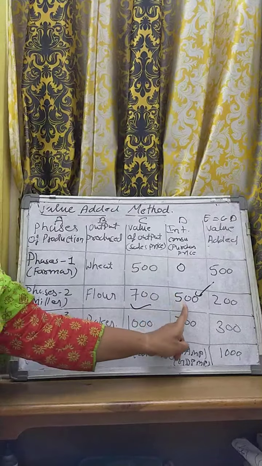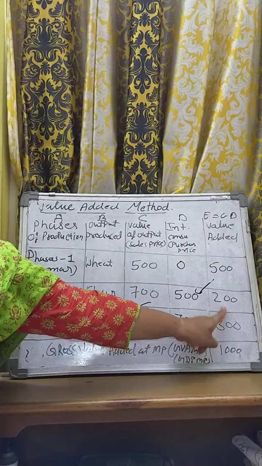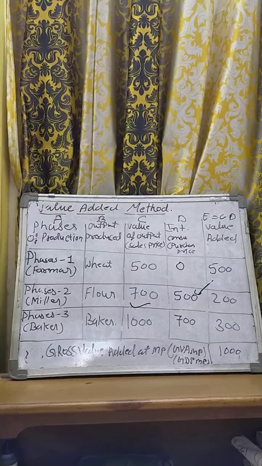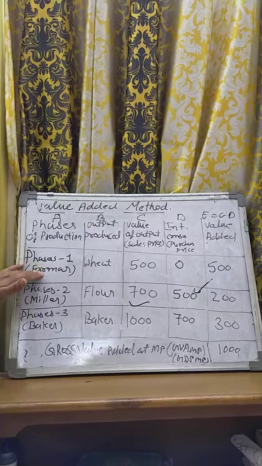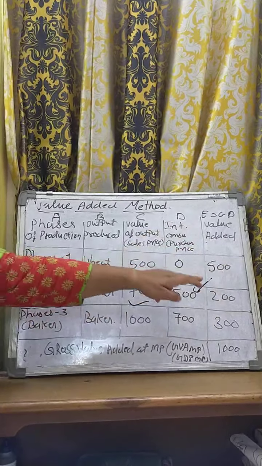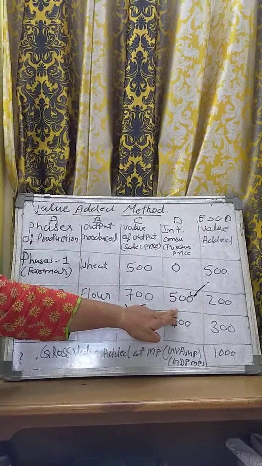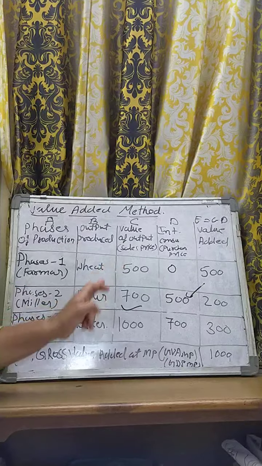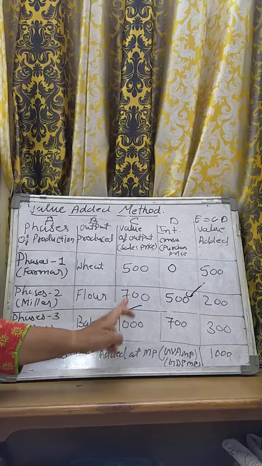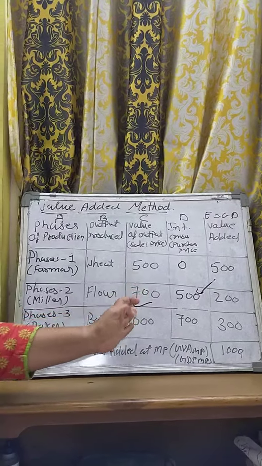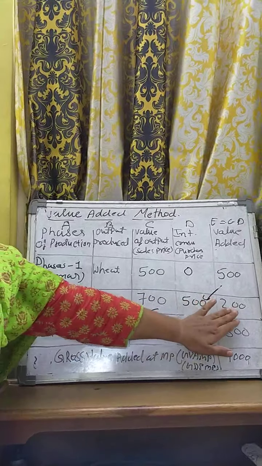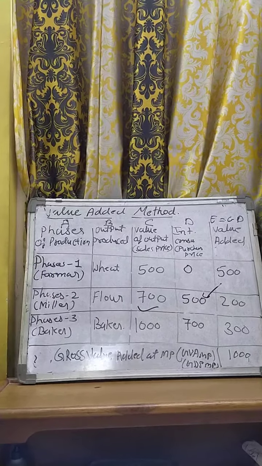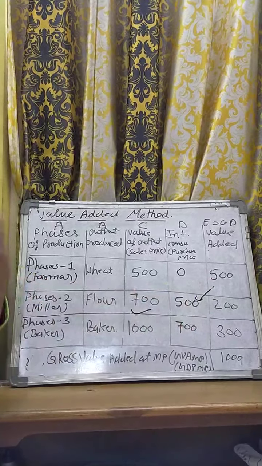So 700 minus 500 means the value added. In this phase, value added is 200. The farmer's value added was 500, and to whom did he sell for 500? Wheat, to the miller. The miller makes this flour and the flour's selling price is 700. So 700 minus 500 equals 200.